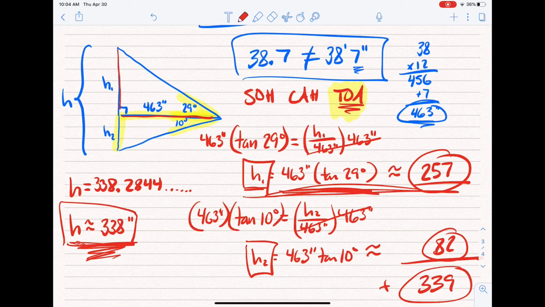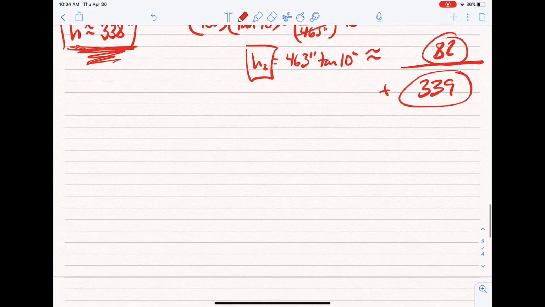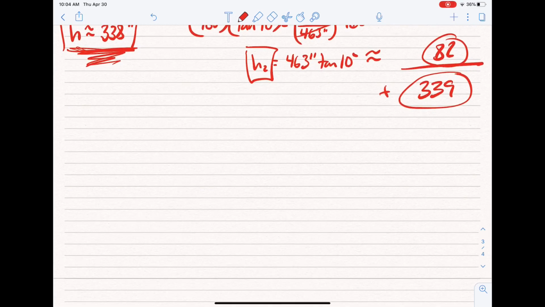All right. So for this, I get a height of 338 inches, but I'm still not done, because at this point I've got to convert it back to feet. So what is 338 divided by 12? I just plug that into the calculator, 338 divided by 12. And what I get is 28.166666, and it goes on forever.